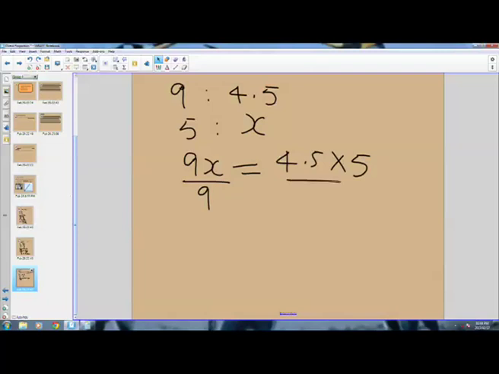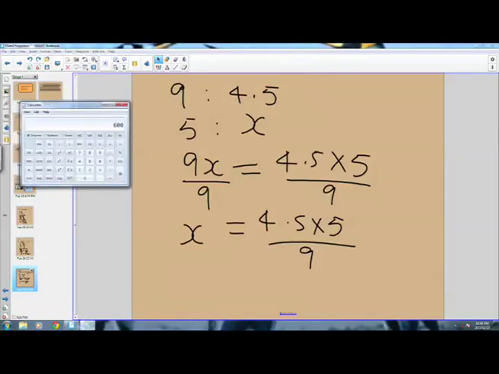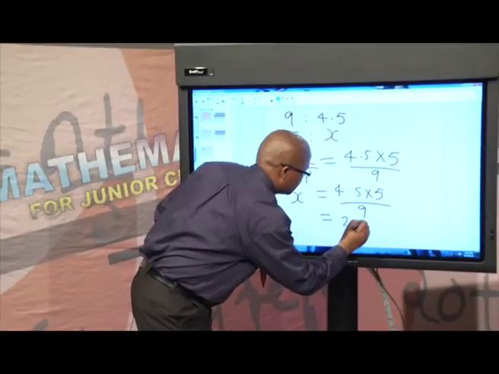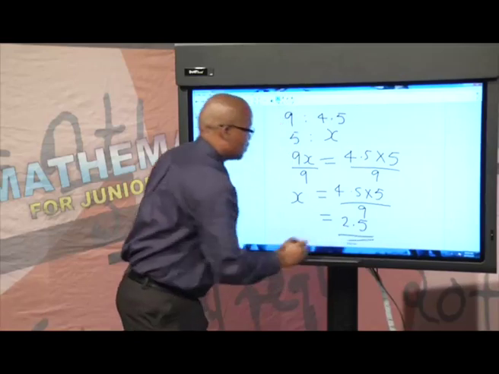Your x now will be 4.5 times 5 divided by 9. We can always get our calculator and then divide. It's 2.5. This is what we get.